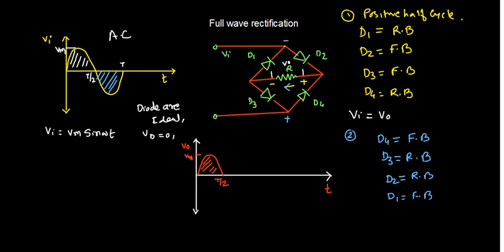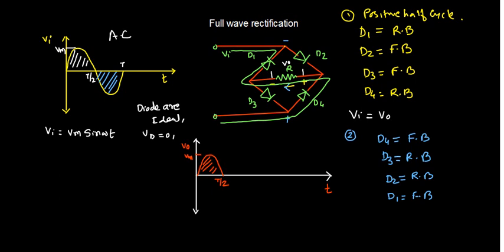So what will happen? You see, current will exit this way. It is going in this way, then D2 is forward bias, D4 is forward bias, then after it is moving in this way, and D1 is forward bias, so it is moving in this way and it is going to exit on this side.